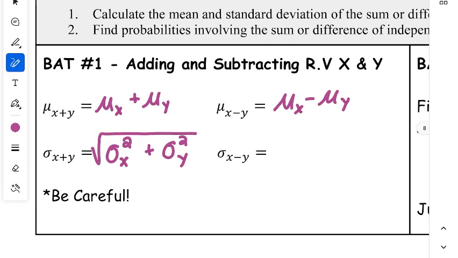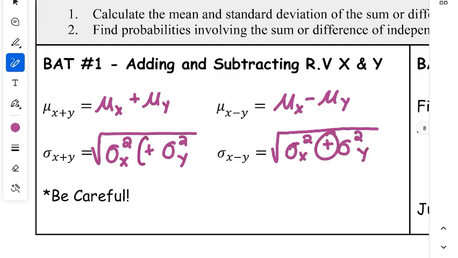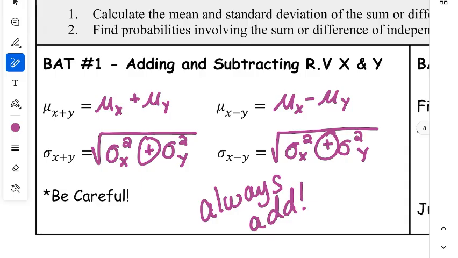With standard deviation, we do not do subtraction. We do addition no matter what it says x and y are. Always add. So be careful. Don't try to subtract them. No matter what it says here, you're always going to add whenever it comes time to put it in that square root formula.